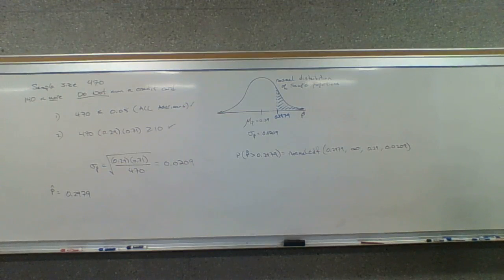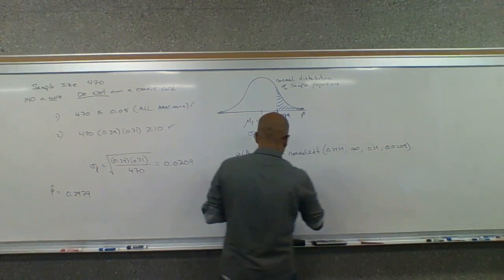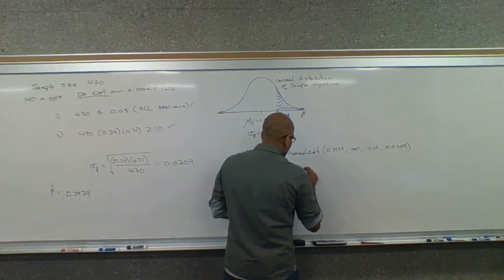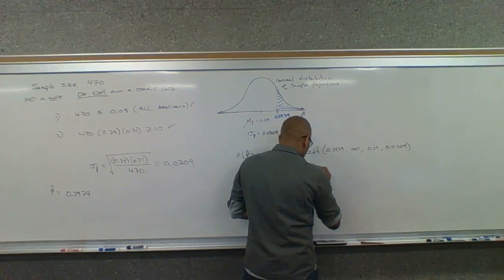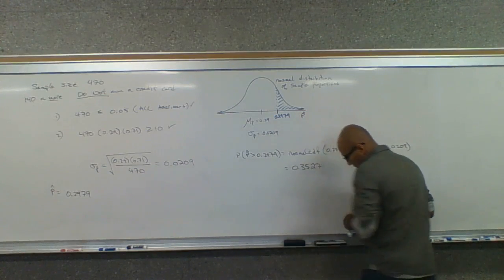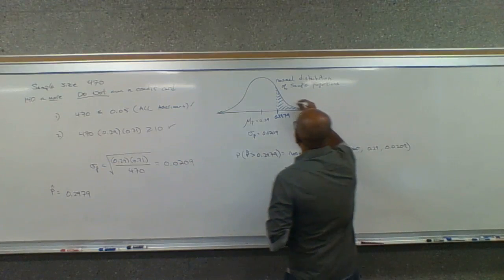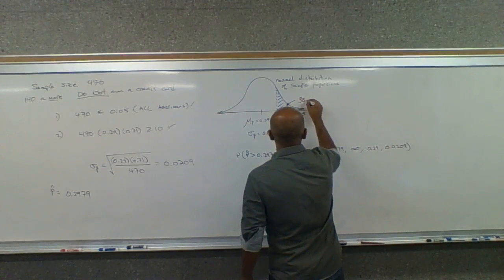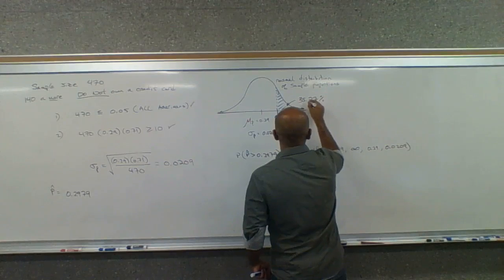We get 0.3527. So that means that this area right here is 35.27%.